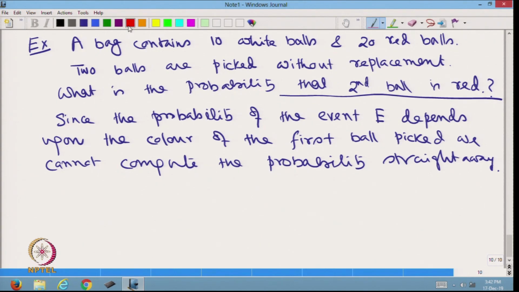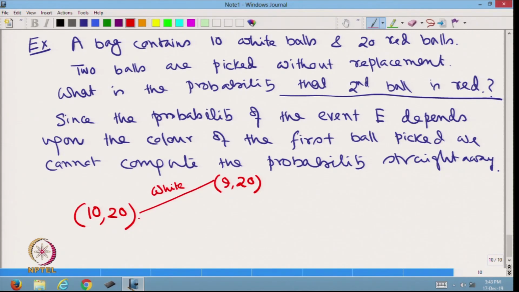Because suppose we started with 10, 20, that is the initial content of the box. If a white is picked, then the configuration is going to be 9, 20.